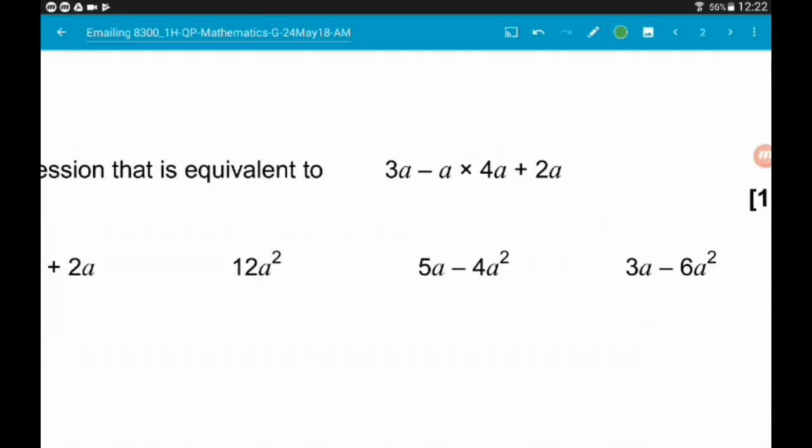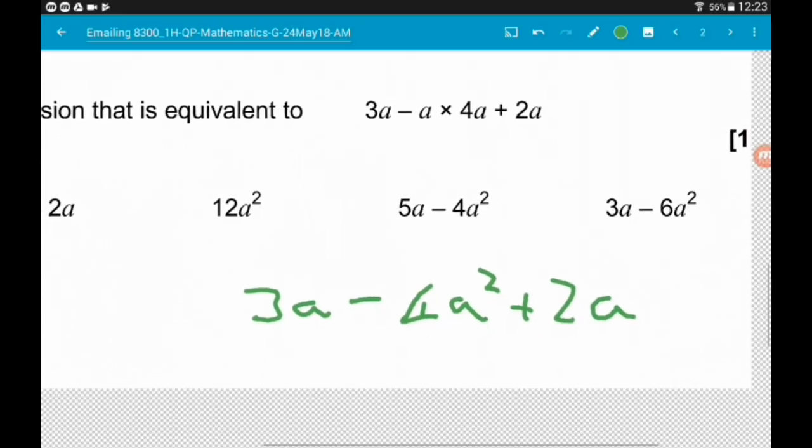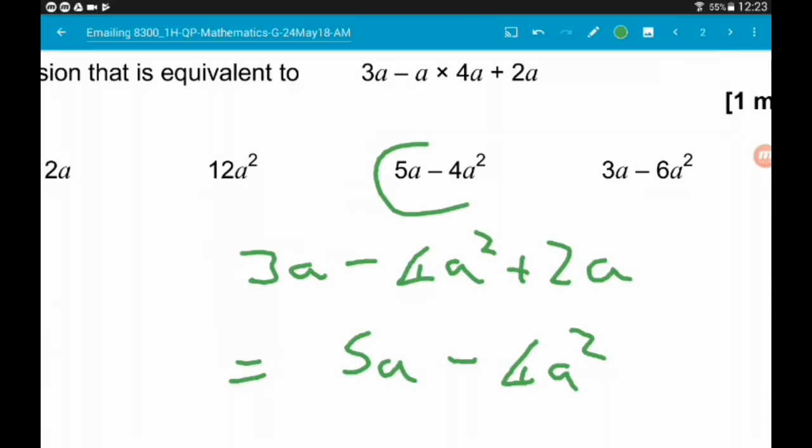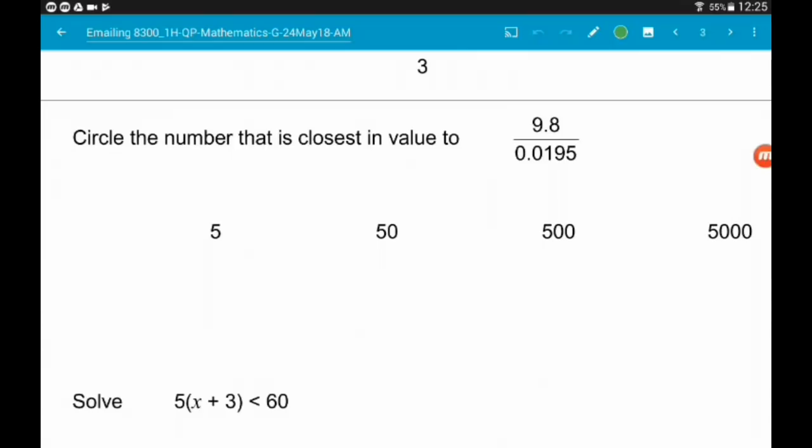So this is 3a minus 4a squared add 2a, and then we can combine the a terms and we get 5a minus 4a squared. So that's our guy.